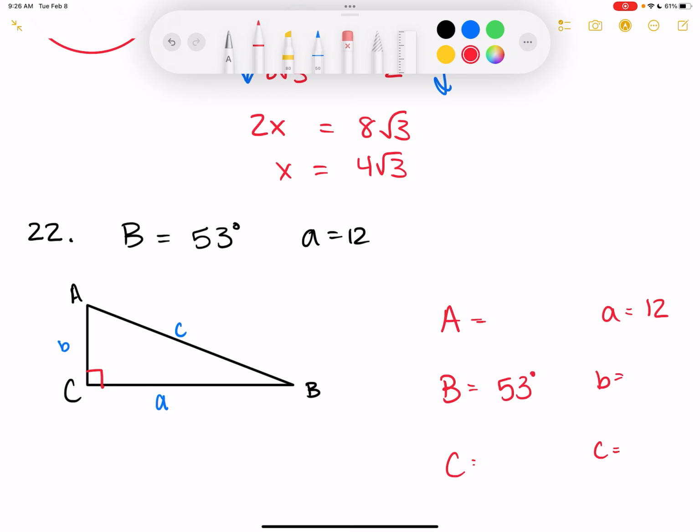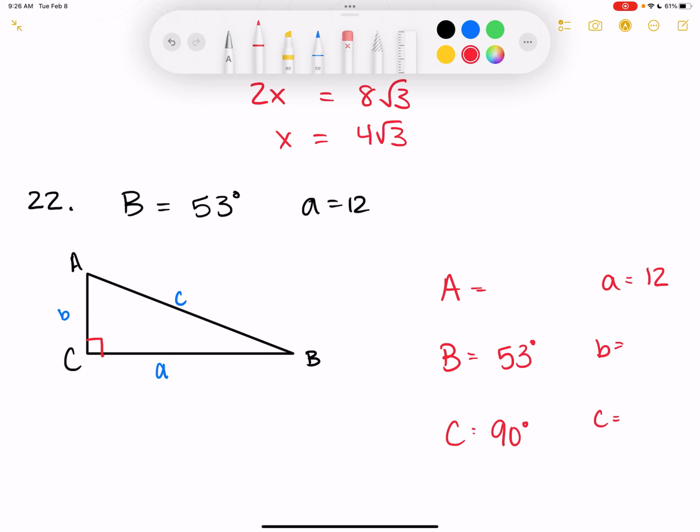What do we know about angle C? It's 90 degrees. That means we can find A. What do we know about A? It's the leftover from 180. So A is going to be equal to 180 minus 53 minus 90, which is what?